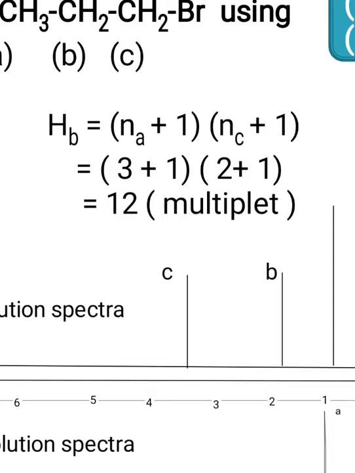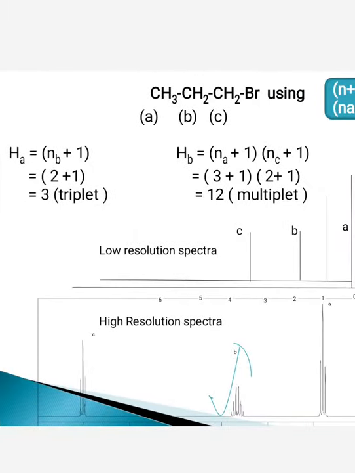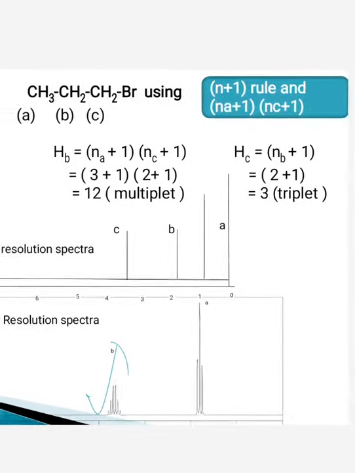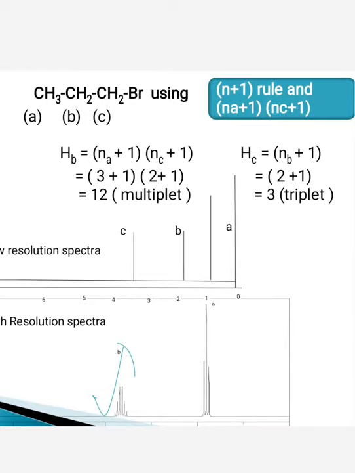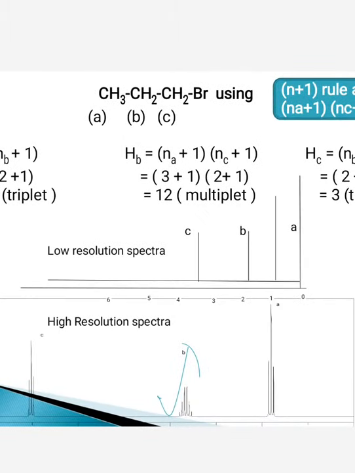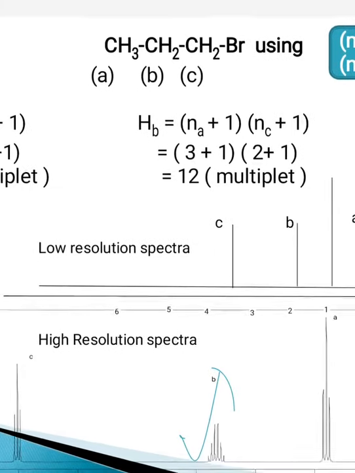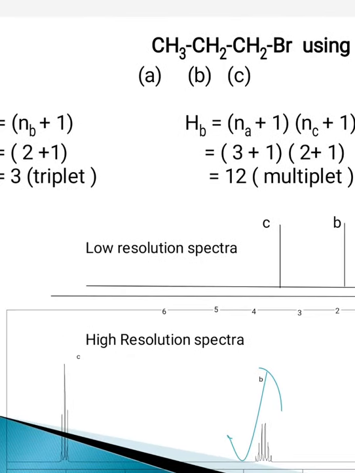We can call it a multiplet. The number of lines for the A set of protons is a triplet, and for the C set of protons it is also a triplet, Nb+1 in both cases. Now on the low resolution spectrum we get 3 lines for A, B and C. These 3 lines get divided into a triplet for A, a multiplet for B and a triplet for C.